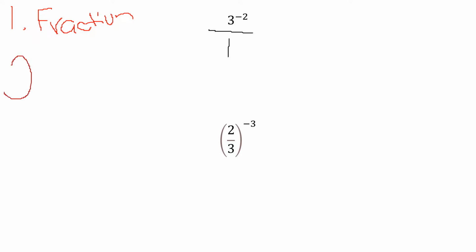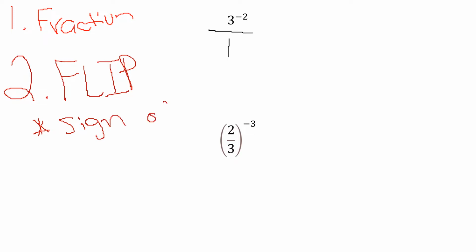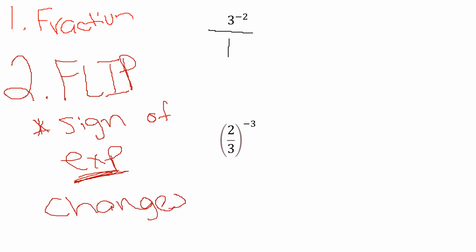And then the big step, you need to flip the fraction. When you do, the sign of the exponent, not the number, but the exponent, changes. So if I take 3 to the negative 2 over 1 and I flip this fraction over, I use the reciprocal.